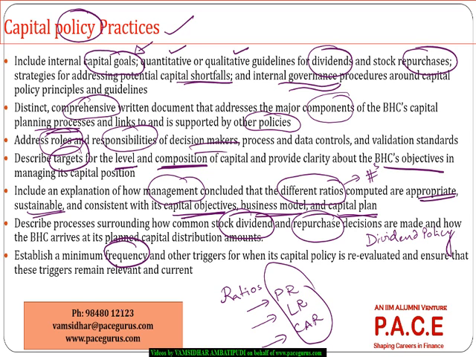Or is it only time-based, or are there any other triggers also that can force the company to review and reevaluate the capital policy? Because at the same time, every trigger that we are trying to look at has to be more and more relevant, more and more current. So there should be a proper process in place regarding the capital policy practices as well.